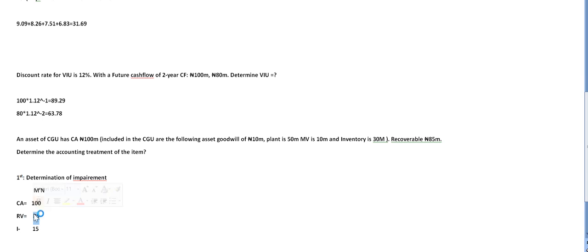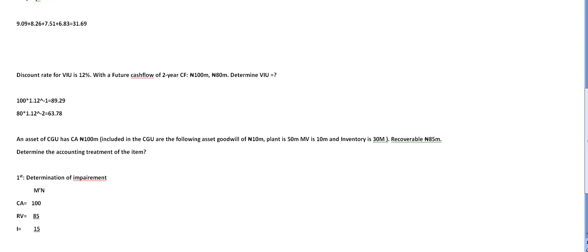And I told you, once you have your impairment sorted, all other things being equal, the next step is to determine how you are going to operate. The next thing is for us to allocate this impairment because it is a cash generating unit asset. So how do we allocate?